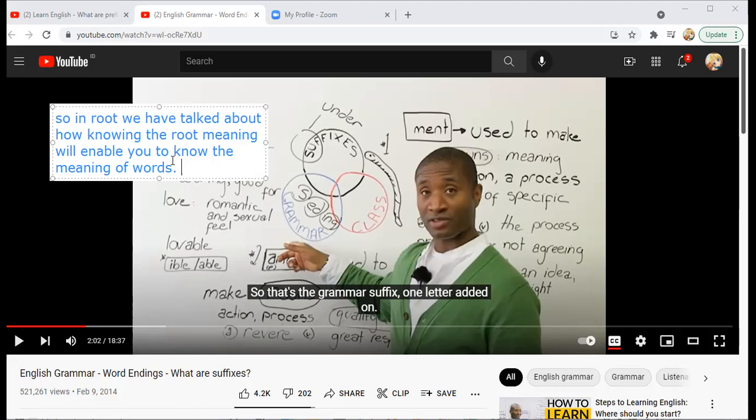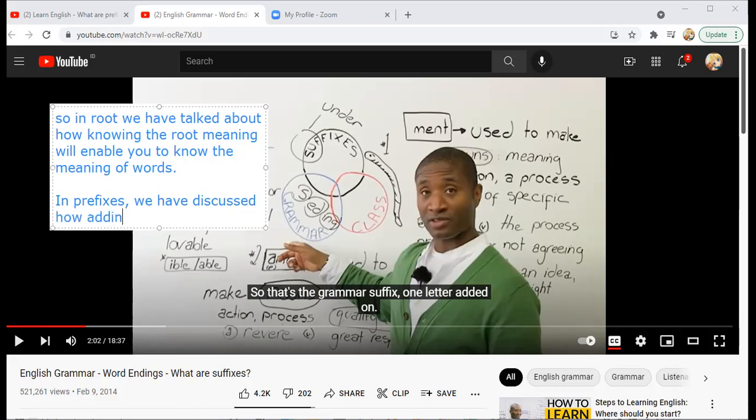And kalau waktu di prefix, kalian itu juga in prefix belajar ya. In prefix, we have discussed how adding word can change meaning of certain word, as you can see.